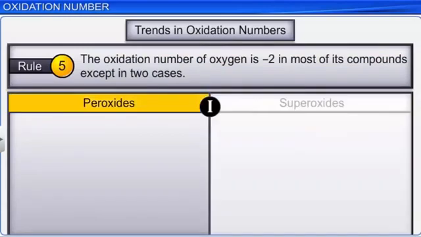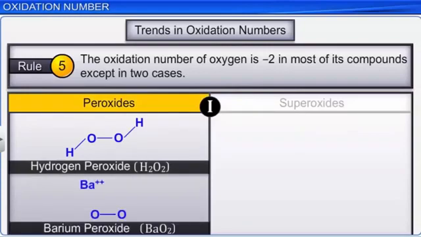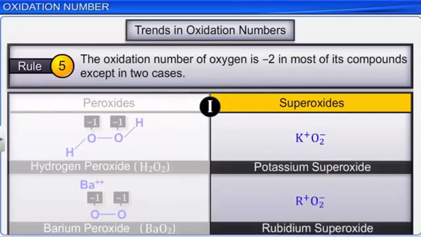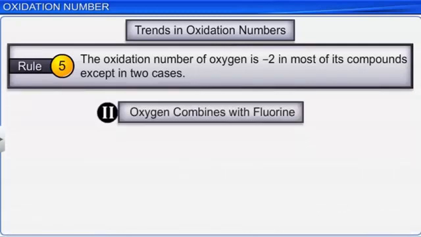In peroxides like hydrogen peroxide and barium peroxide, each oxygen atom is assigned an oxidation number of -1. And in superoxides like potassium superoxide and rubidium superoxide, each oxygen atom is assigned an oxidation number of -1/2. Another exception is when oxygen combines with fluorine.